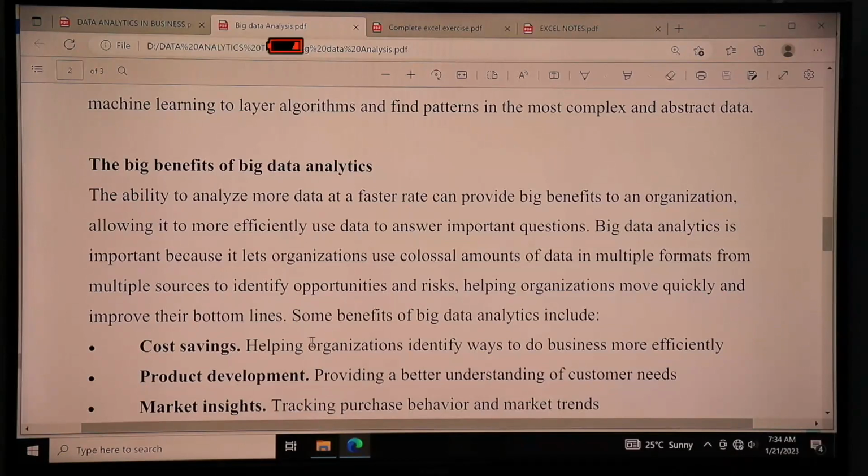But when you have one large amount of data, you still use the same tools to process and give out the report.